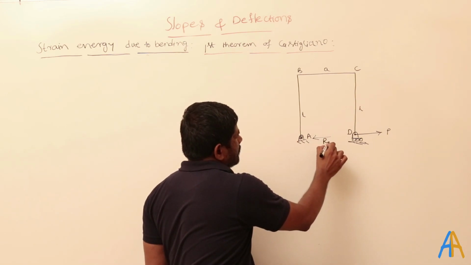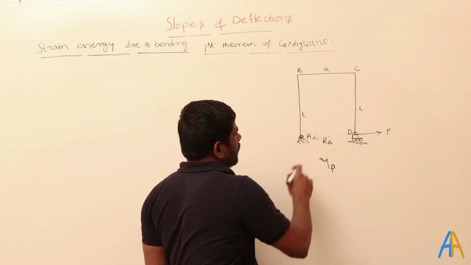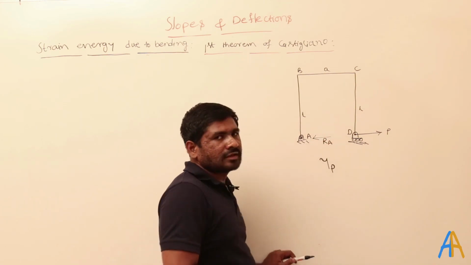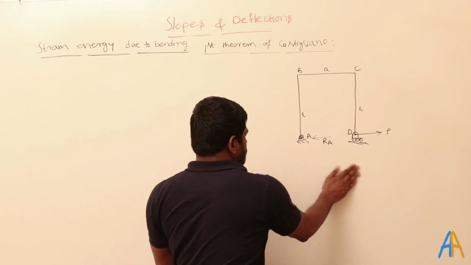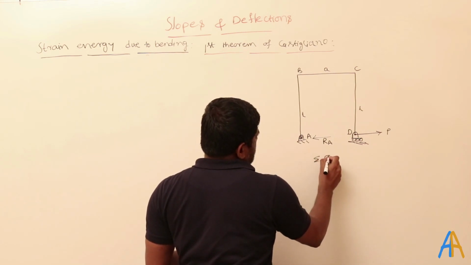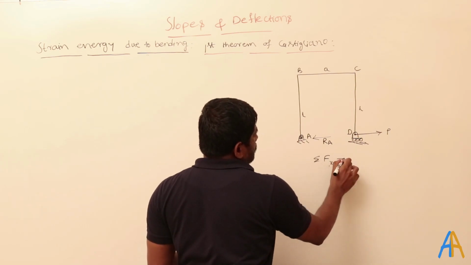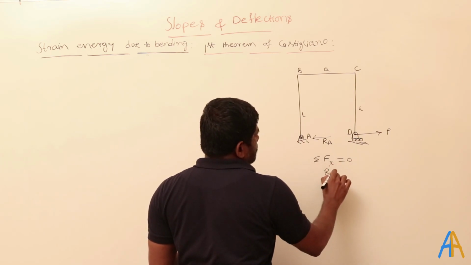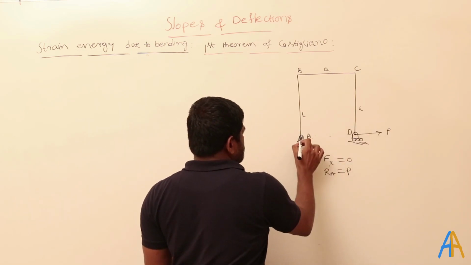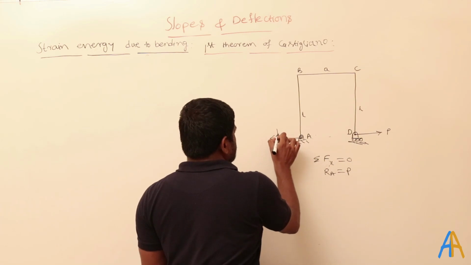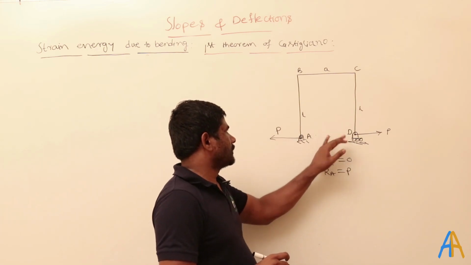The R_A will act like this, and here R_A is equal to P. Why? Because sigma Fx equal to 0. So R_A equal to P. Whatever P is produced here, the same amount of P is produced here. This is the final thing.